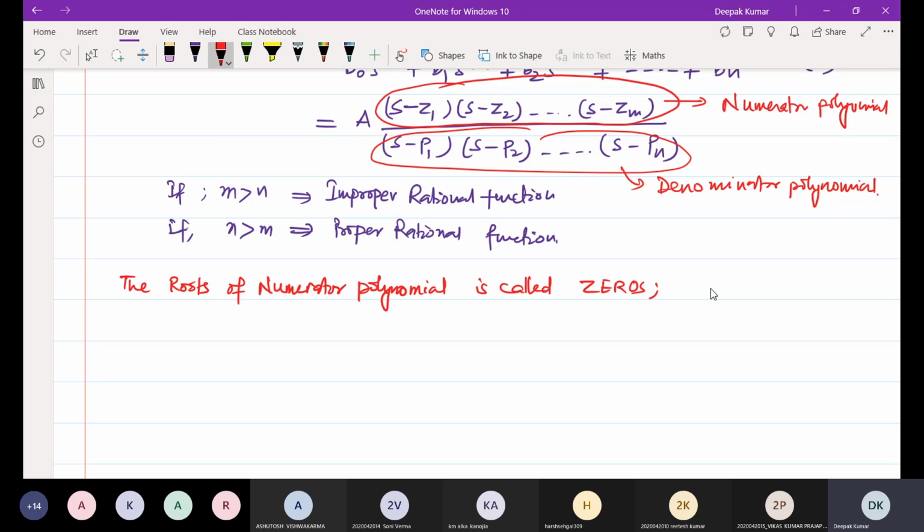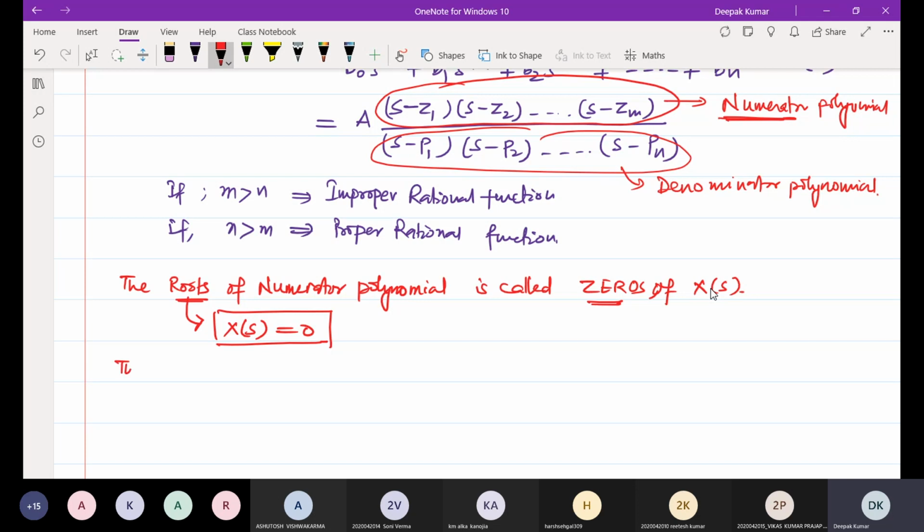Why are they called zeros? Because this root will lead the polynomial function to be equal to 0. If you find the value of s, meaning a root of the numerator polynomial, for that value you will get x of s equal to 0. That's why they are called zeros of x of s.